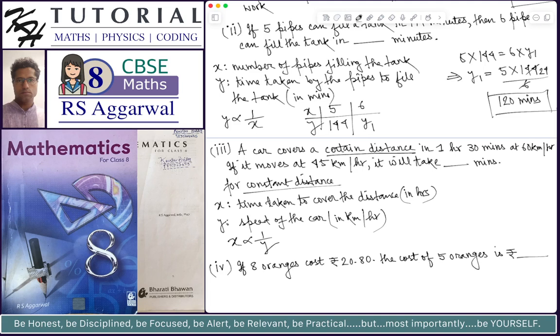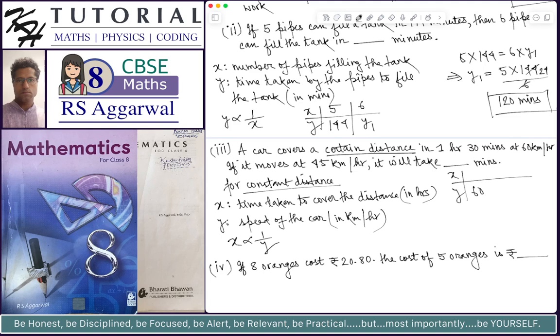Now if we create a table of x and y, it is given that the car covers a certain distance in 1 hour 30 minutes at 60 kilometers per hour. So when the speed is 60 kilometers per hour, the time taken is 1 hour 30 minutes.